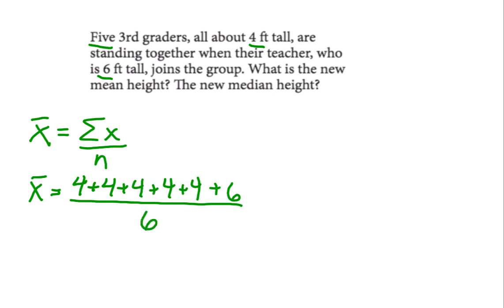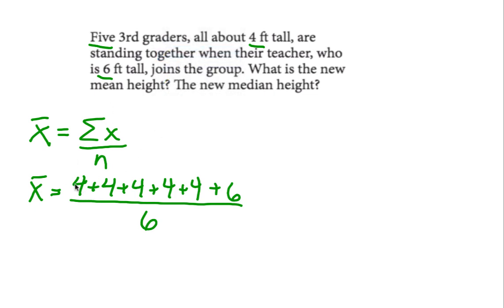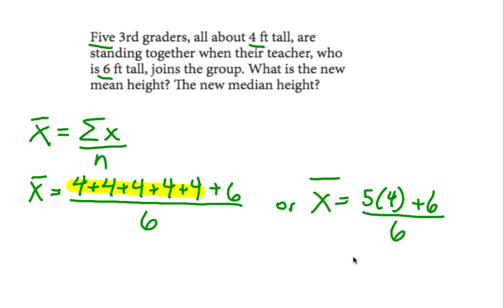which is 6. To save space, I could have also calculated the mean differently. Since I'm repeating the 4 five times, I could write that the mean is equal to 5 times 4, plus the 6, divided by our total data points of 6.